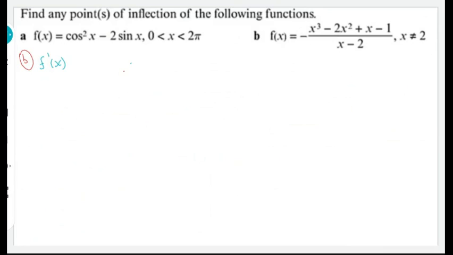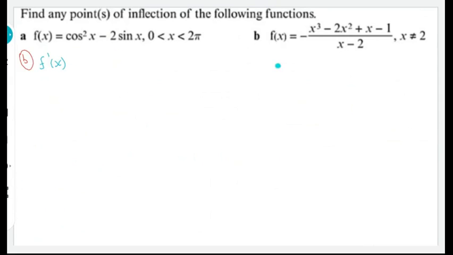I'm just thinking. I really don't want to use quotient rule. We'll do it to get the practice of quotient rule. I'm really just thinking, is it worth doing quotient rule, or might it be worth just going into algebraic long division? Because I'm wary that we're going to have to differentiate this twice. No worries, we can do quotient rule to get the practice.